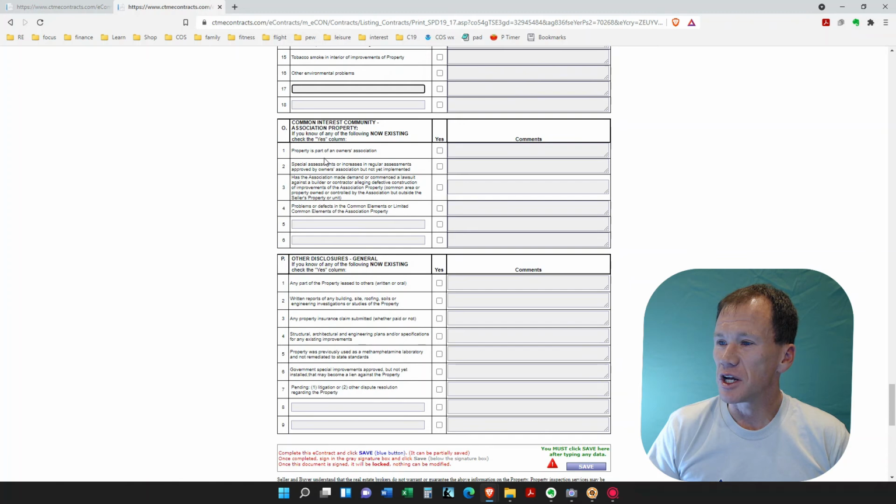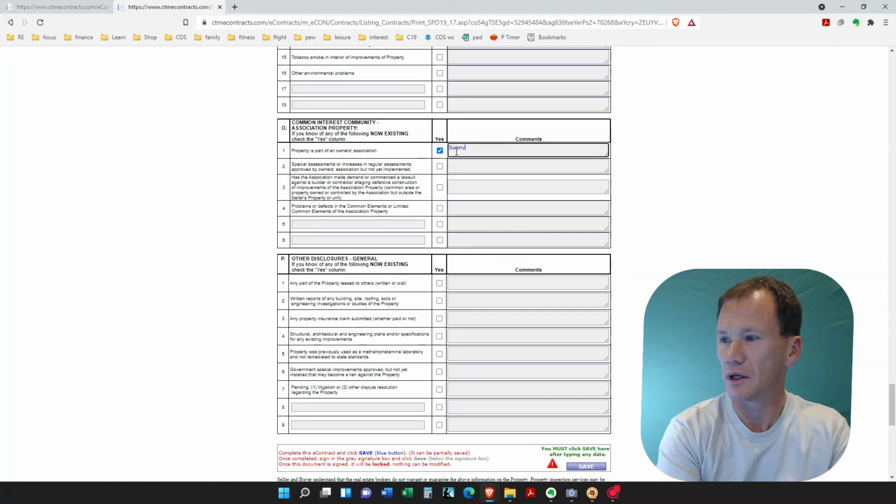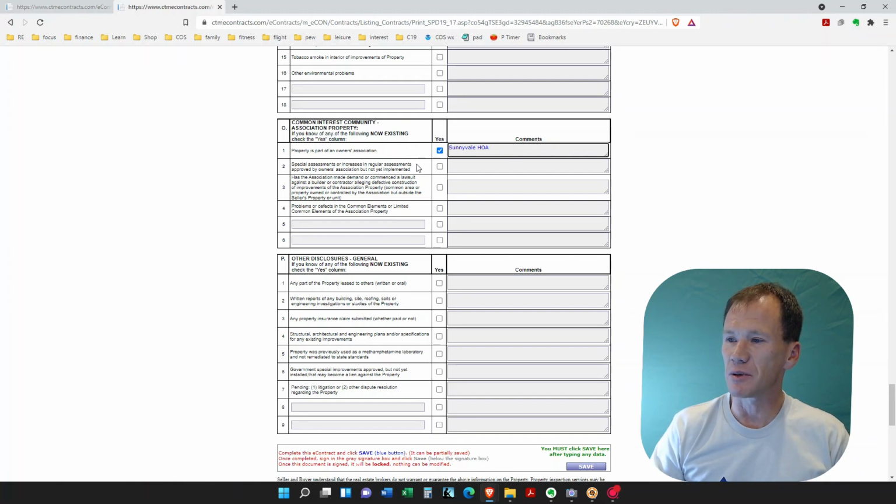Common interest community associations. Do you know of any of the following now existing? Is the property part of an owner association? Yes, it's part of the Sunnyvale HOA. Are there any special assessments or increases in regular assessments that have been approved but not yet implemented?